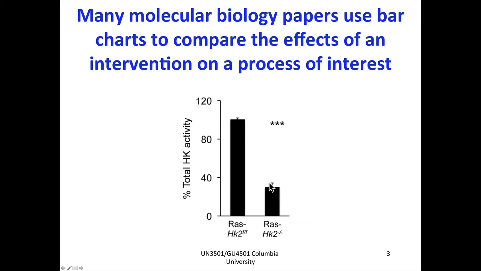So in this case, they're saying when we have the hexokinase 2 null cells, they have only about 30-35% of the total hexokinase activity that's present normally in cells that have hexokinase 2. There's some error associated with these measurements, but the error is small enough that we can say this difference is very likely to be a genuine difference and not an error due to measurement.